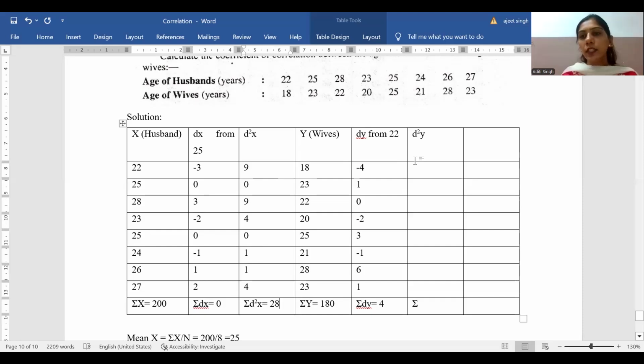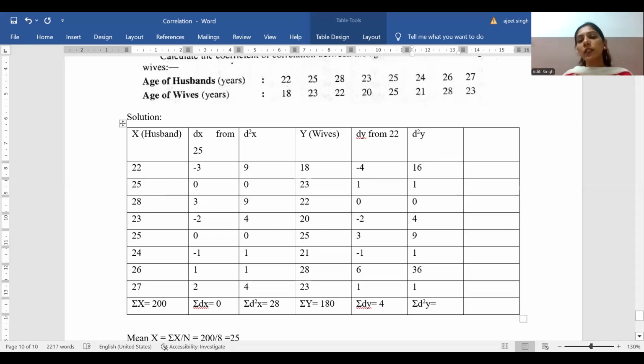So the sum of d square x is 18 plus 10, it's 28. Now let's calculate d square y. 4 into 4 is 16. It's 1, 0. It's 2 into 2, 4. 3 into 3 is 9. 1 is 1. 6 into 6 is basically 36. And 1 into 1 is 1. Now we have to calculate the sum of d square y.